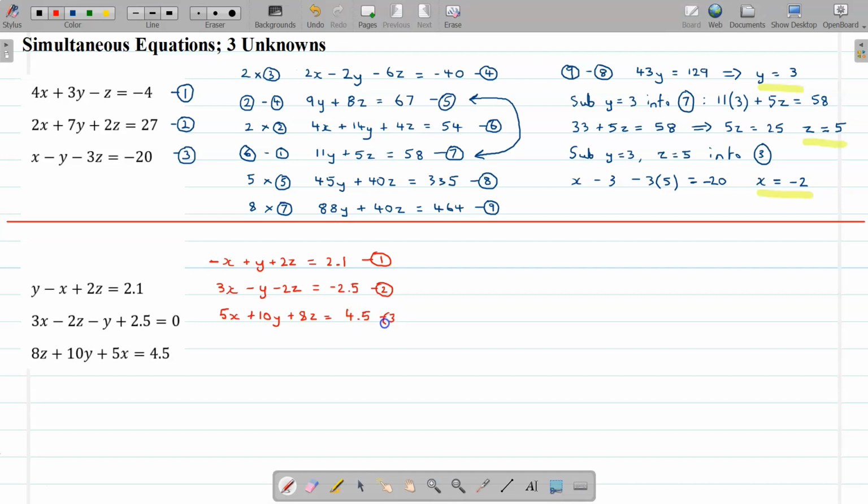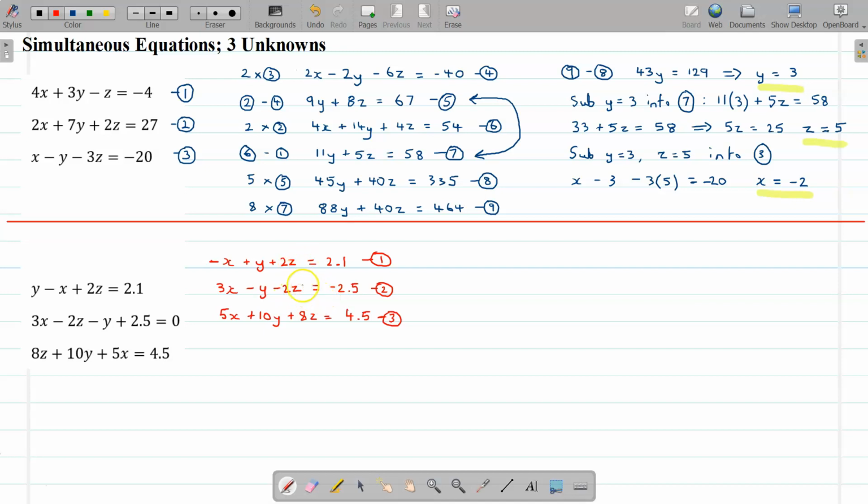Now, just by inspecting these very carefully, there's a bit of luck here really, because when you look at these first two equations, the first contains a plus y and a plus 2z, and the second contains a minus y and a minus 2z.